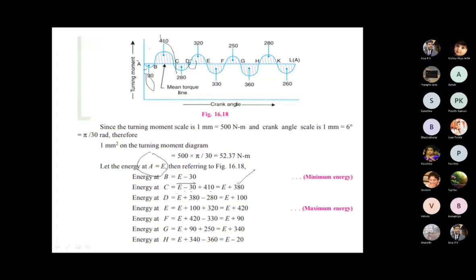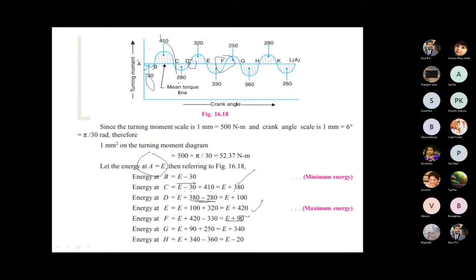Or else use the previous value of C, E plus 380, and directly add minus 280. So D equal to E plus 380 minus 280 equal to E plus 100. Then the energy at E equals E plus 100 plus 320, equal to E plus 420. If you want to find F, then E minus 30 plus 410 minus 280 plus 320 minus 330. Finally, you will get E plus 90.